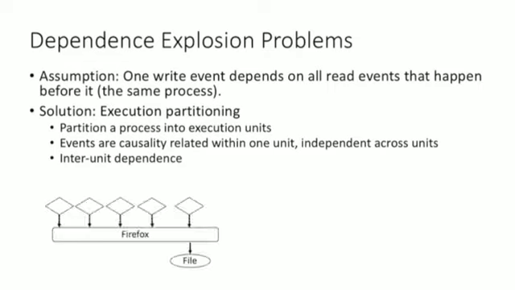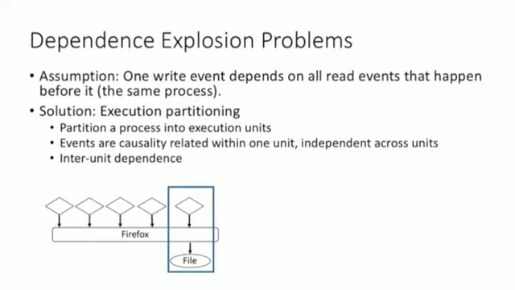So here is an example with Firefox. If you visit many websites, it will have many socket reads, and it writes to one file with only one file write. But if you use the traditional approach, the write event will depend on all the previous socket reads, and the graph looks like this.